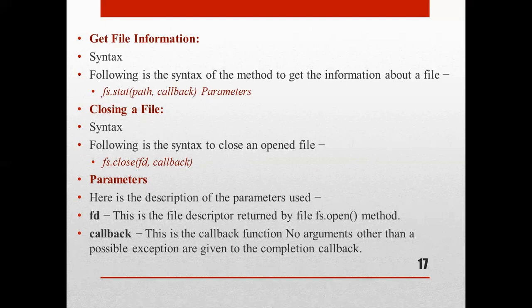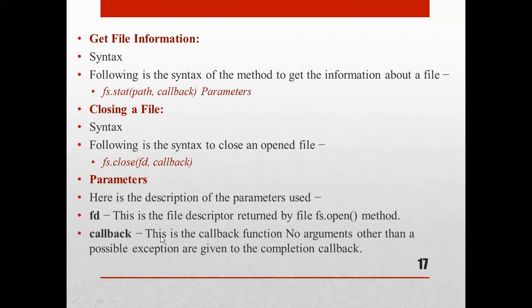Then another one is closing a file. We should close the file when we open the file. For that, the syntax to close the open file is fs.close, inside the brackets fd, that is the file descriptor, and the callback. Here fd is the file descriptor returned by the fs.open method, that is the file opened by fs.open.